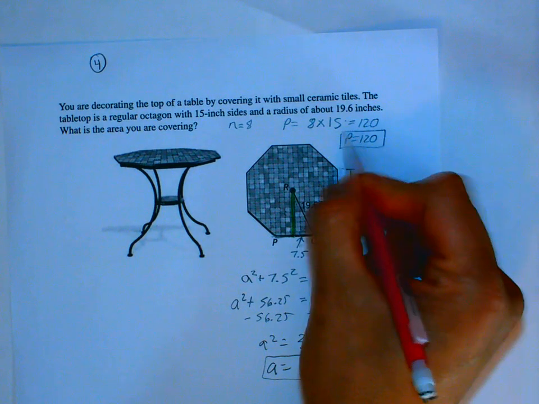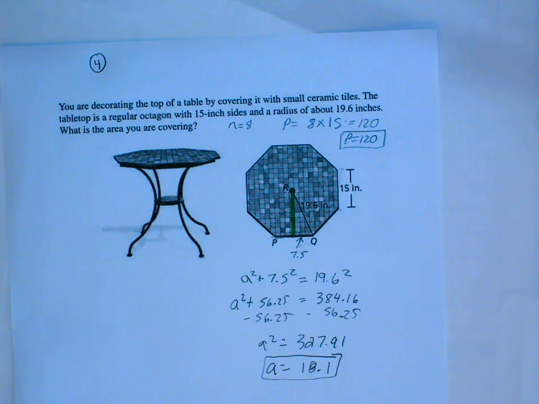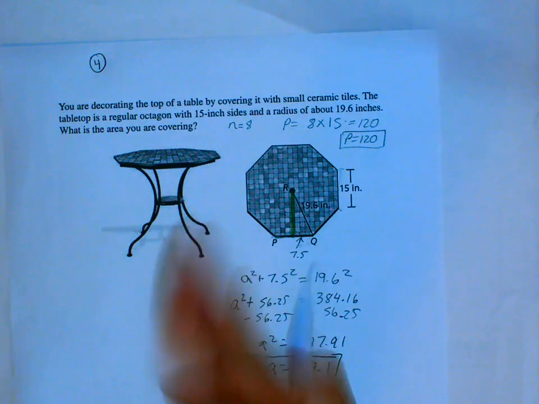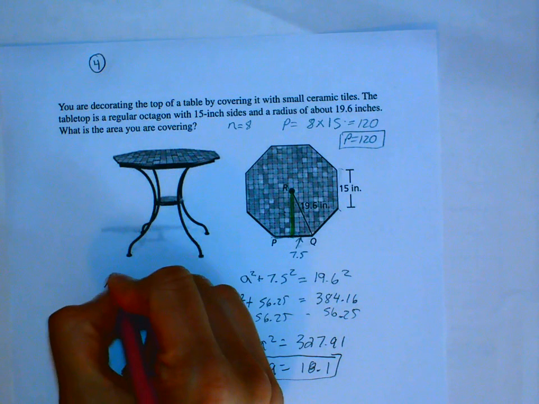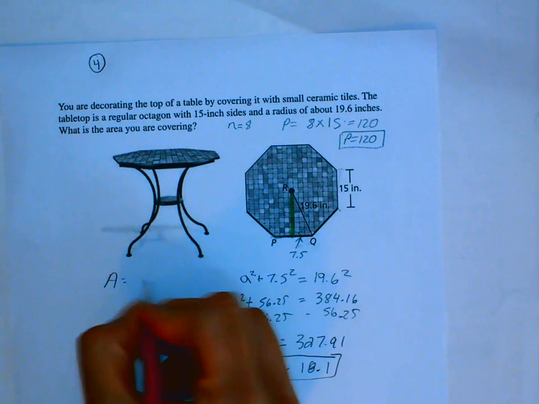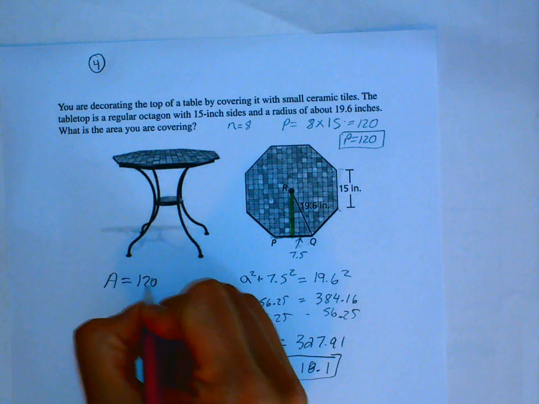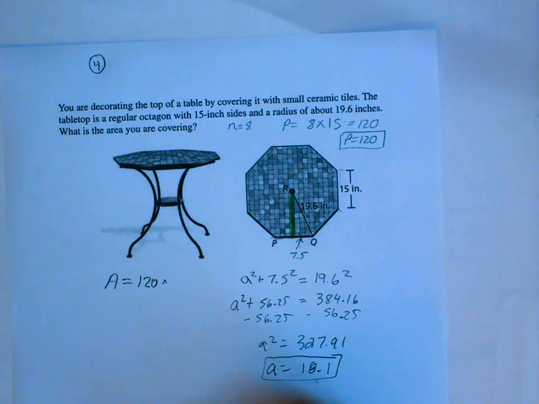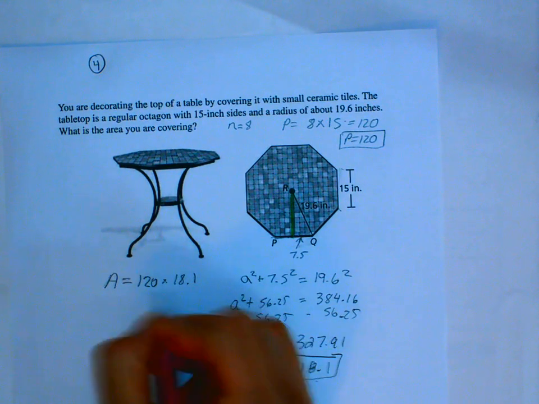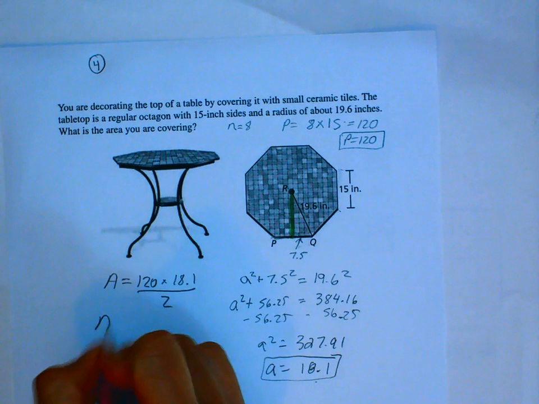That's the perimeter. Now all I have to do is multiply these two together and divide it by 2. So area is perimeter times the apothem, and then divided by 2.